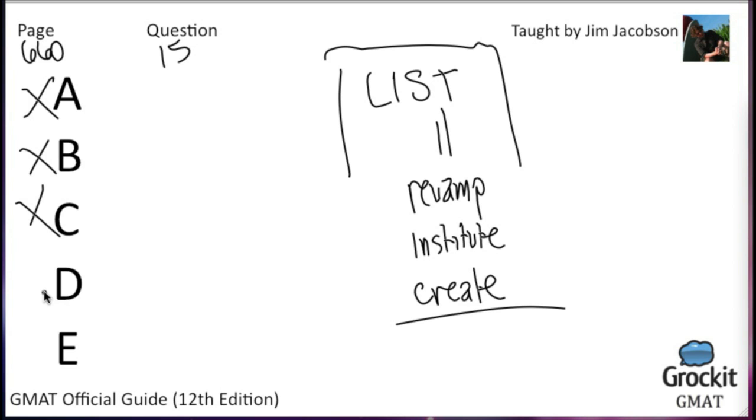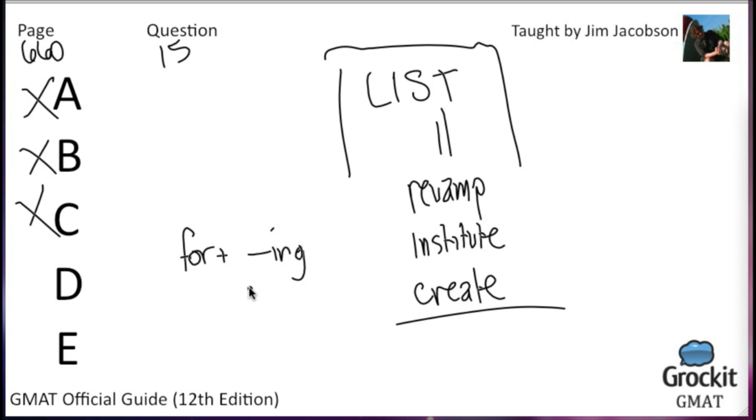So really this comes down to idiom, whether you would say non-government organization for taking charge of computer security planning, or non-government organization to take charge of computer security planning. And on the GMAT, there are instances where you can use for plus an ing word to describe purpose.